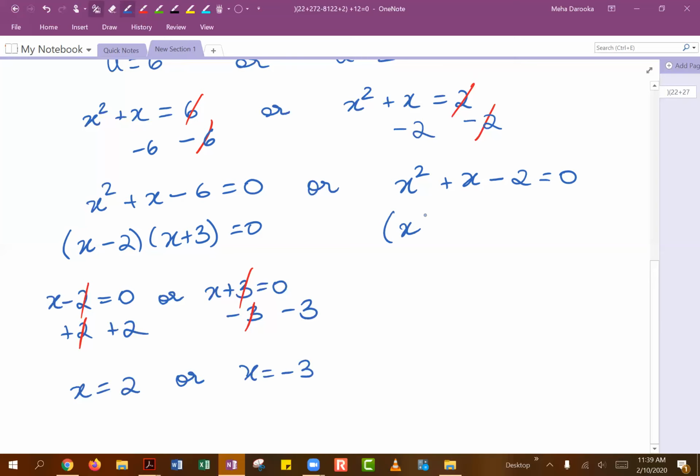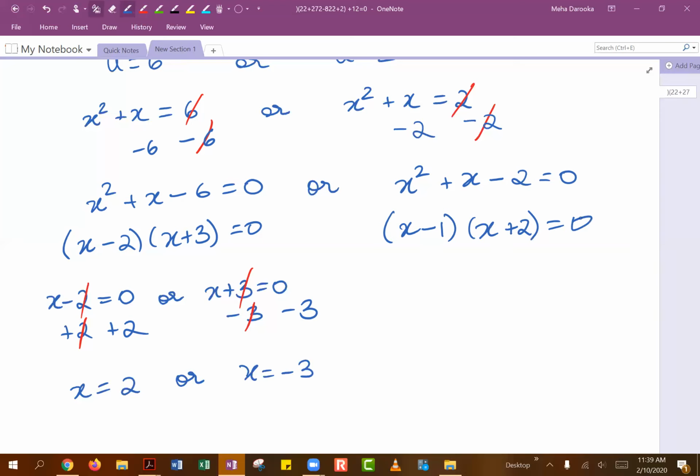Jacob? So the -1. -1, +2? Yeah, very good. And again, when you multiply -1 with +2, you get -2. When you add -1 with +2, you get +1, which is our middle term.